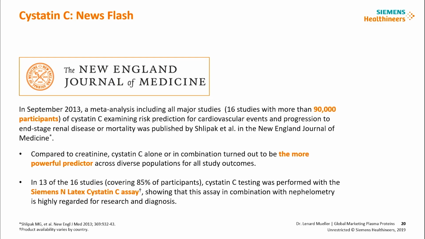So relying on creatinine only might not help a lot in some cases, but relying on cystatin C alone or in combination with creatinine is a more powerful indicator of chronic kidney disease.